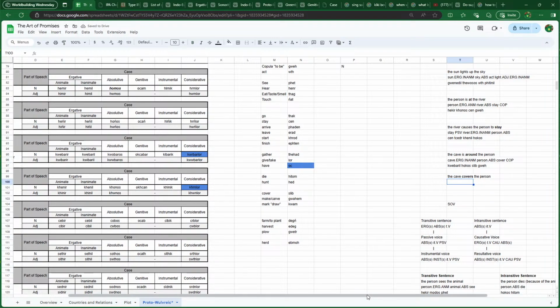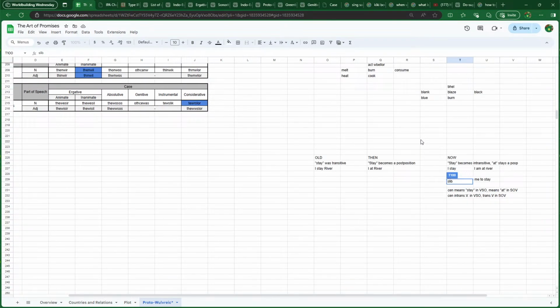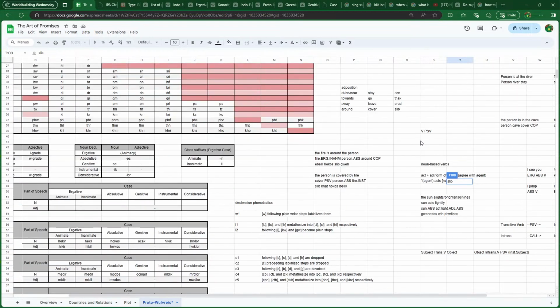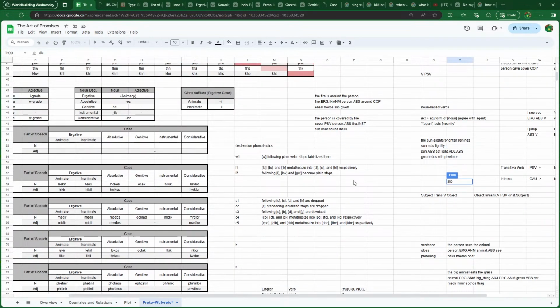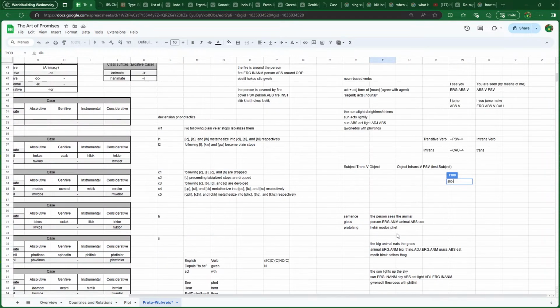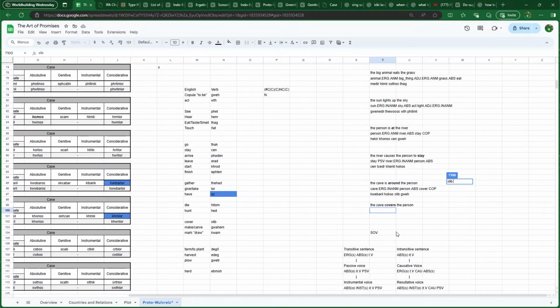So cover, that's sleep. And now we can just write, but it's intransitive. So now it needs the, oh wait, what? Cave covers the person.